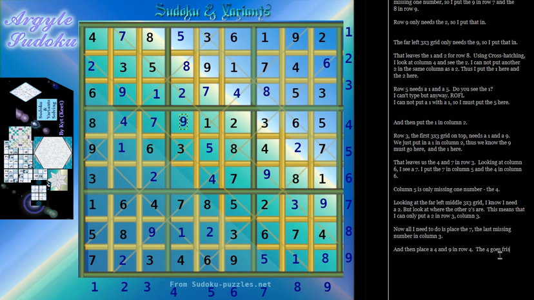See, 4 goes first, and then the 9 in column 4.